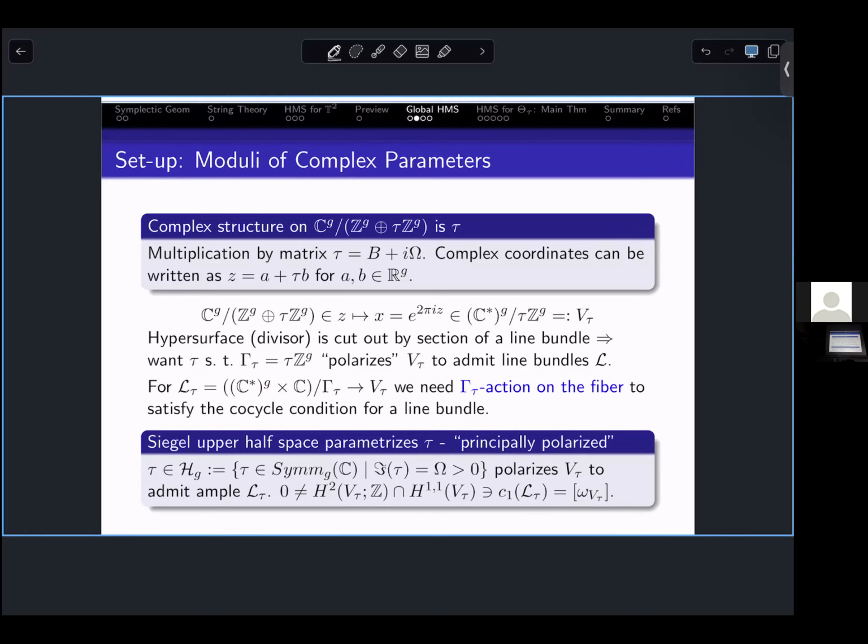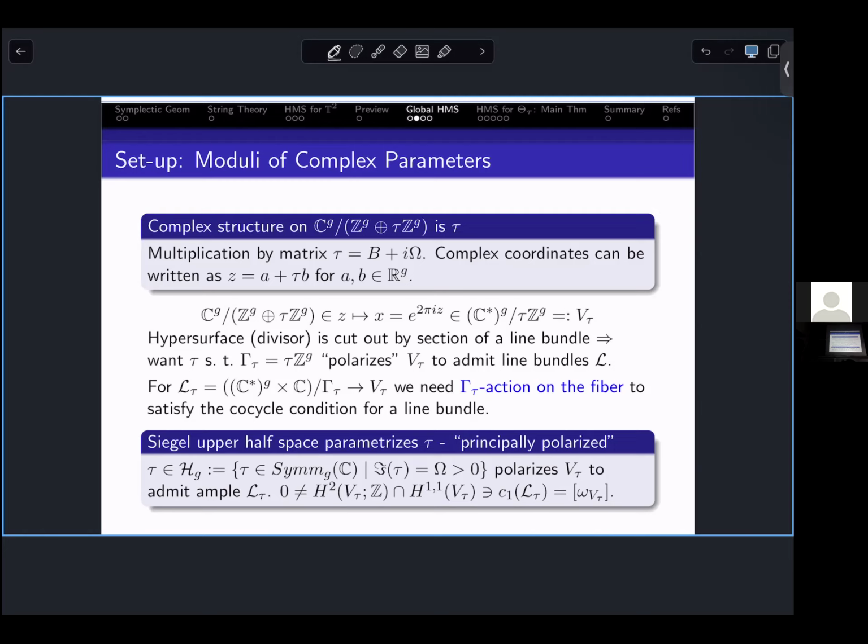So the hypersurface is cut out by a section of a line bundle. We want tau such that tau Z^G polarizes V_tau to admit line bundles L. So here's our line bundle. It's a copy of C that respects this lattice action. In other words, we need this to be a group action, and that turns out to be equivalent to the cocycle condition for a line bundle.